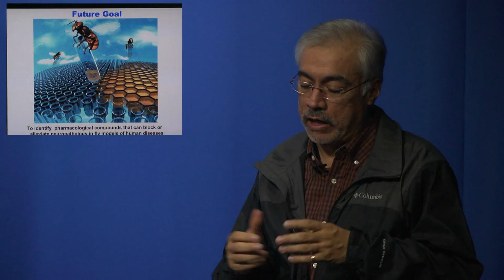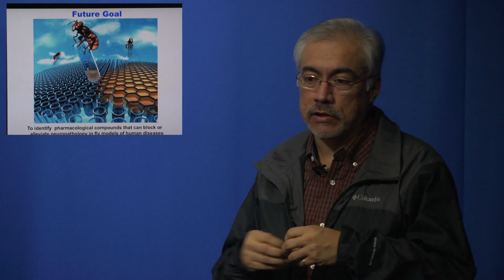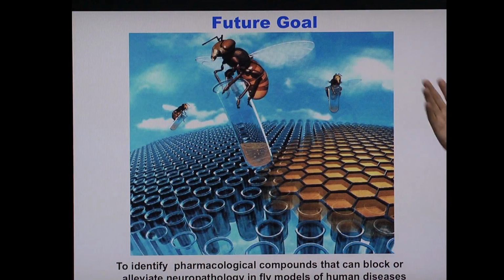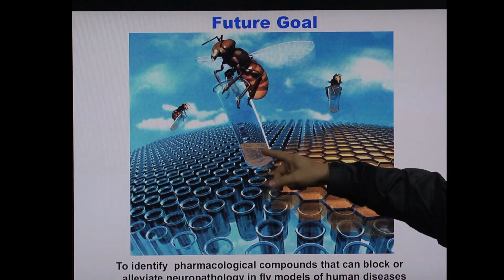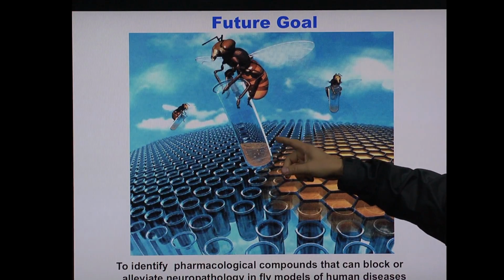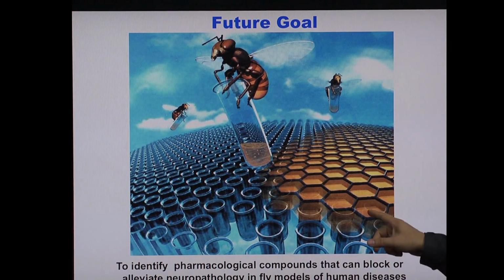and then we have the ability to take these thousands of compounds and give them to the fly. So imagine that we have, as I said, literally thousands of flies in different vials. We can use one vial, give them food, and give, let's say, compound number 1, compound number 2, number 3, number 4, and so on. And we just feed the flies, the sick flies. So we know the sick flies cannot move.